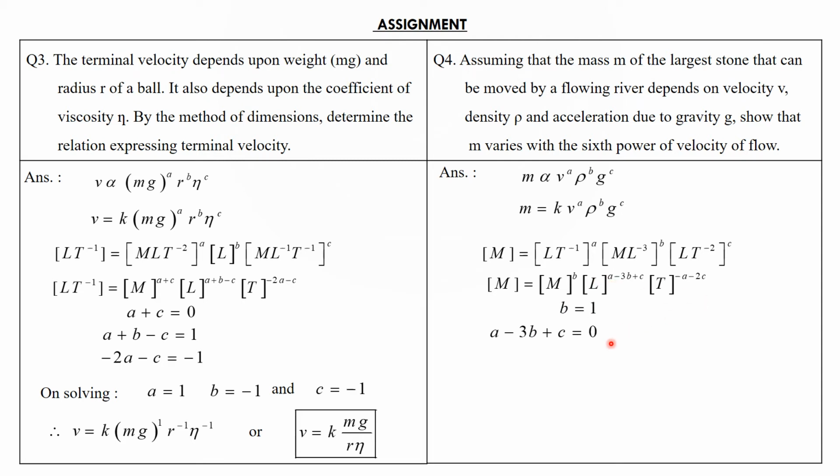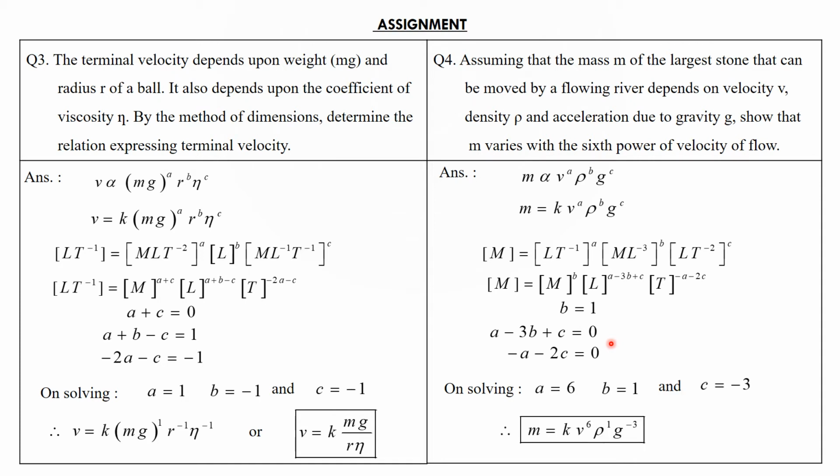On comparing, b equal to 1, a minus 3b plus c equal to 0, and minus a minus 2c equal to 0. On solving, we get a equal to 6, b equal to 1, and c equal to minus 3. So m is equal to k v to the power of 6, rho upon g to the power of 3. And this is what we wanted to prove, a equal to 6.